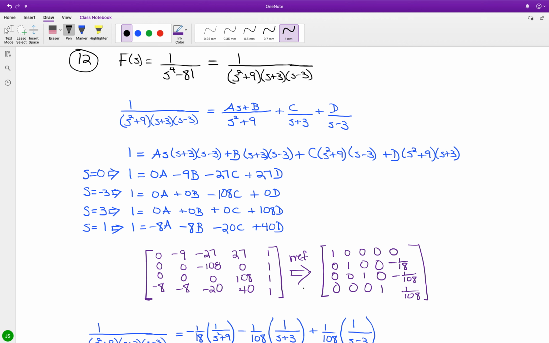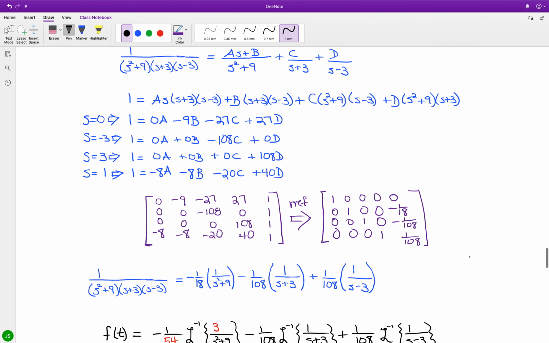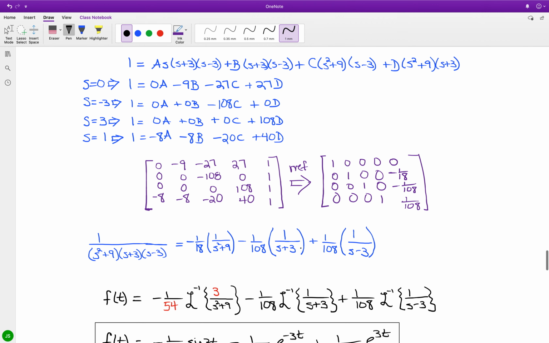And applying the reduced row echelon form, it turns out that A is negligible, B is equal to negative 1/18, C is equal to negative 1 over 108, and D is positive 1 over 108.